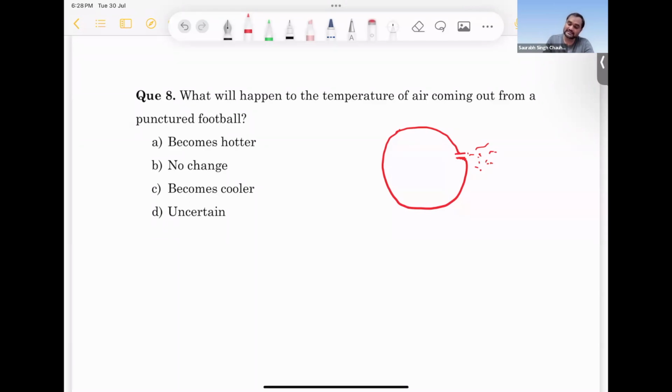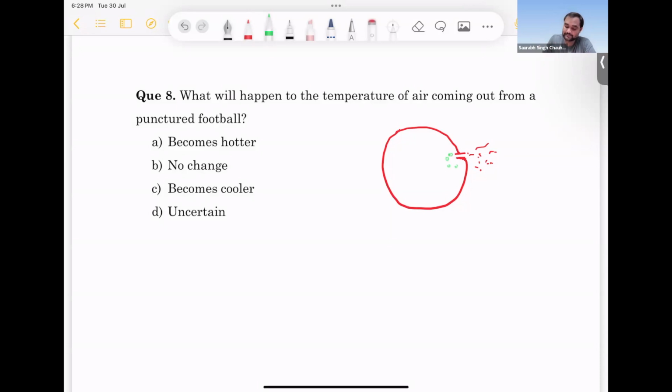If we consider a small part of this air which is coming out, a small mass of air, then what will happen to this part of air? It is expanding, right?